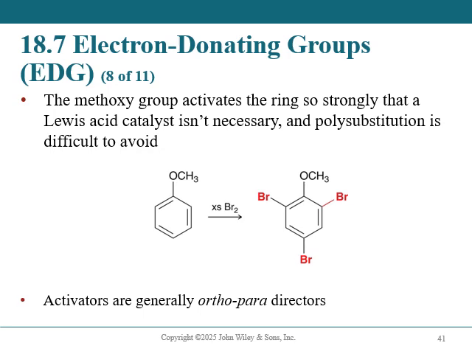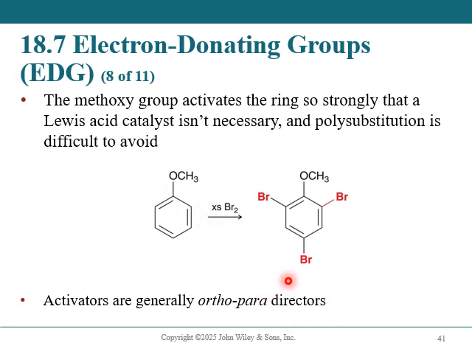Now here are two terms that are very important and we'll see throughout the rest of the chapter. First is activators. Activators are groups that, when attached to an aromatic system, allow a reaction to happen a lot faster than if it were just benzene, right? Benzene is our baseline, that's the one we're comparing. And every time you have a group that makes things go a little bit faster, we call that an activator.